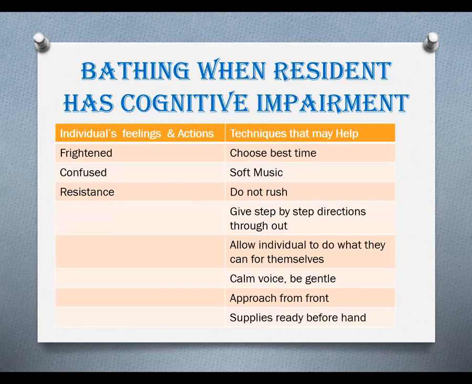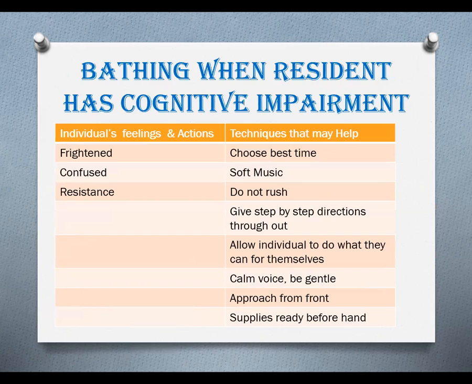So be aware of your residents who have, maybe, dementia, and just taking them to the tub room or to the shower room can be very frightening. It can also be very confusing. Imagine they're already confused themselves, and then you're dragging them into the shower room or to the tub room. It will just increase their confusion.